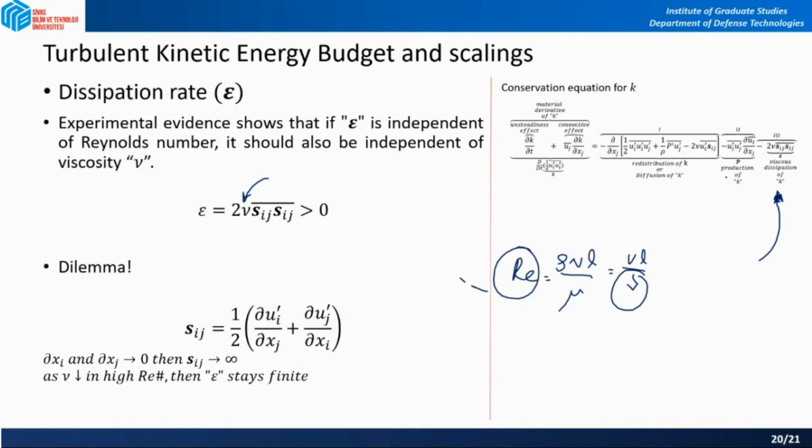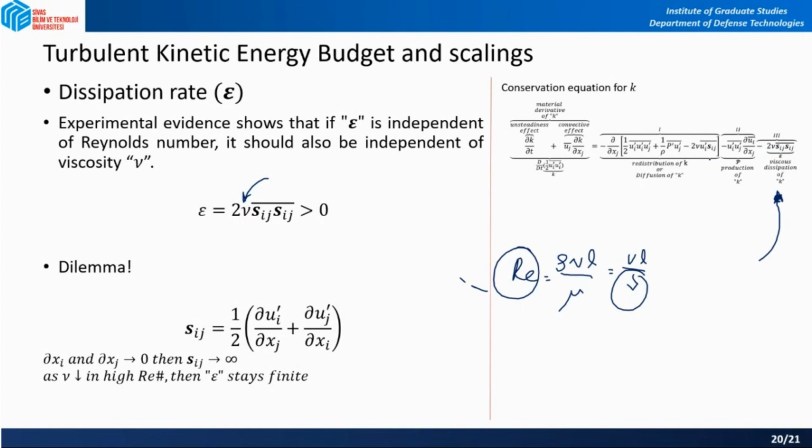Actually, Kolmogorov started thinking about this, and what he explained was: if epsilon is independent of Reynolds number, what's going to happen if the Reynolds number is very, very large?